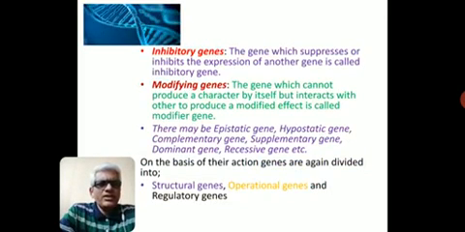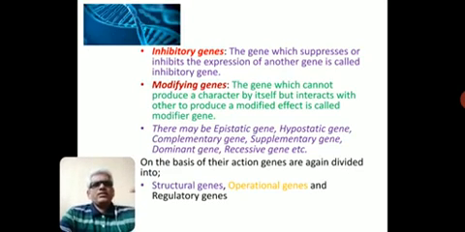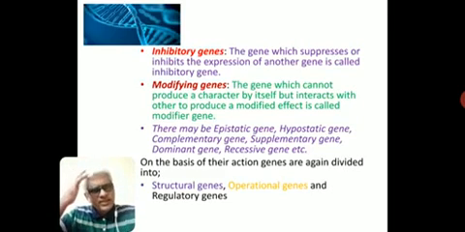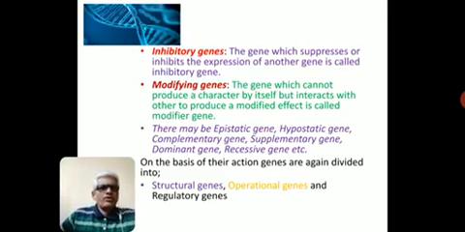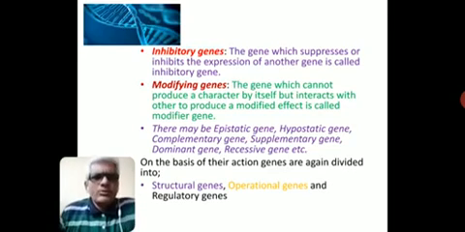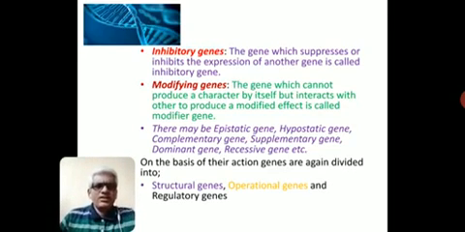These have the role of inhibiting or suppressing the expression of another gene, not allowing it to show its effects. Then there is the modifier gene, which helps to modify the effect of another gene, and likewise its effect is modified.